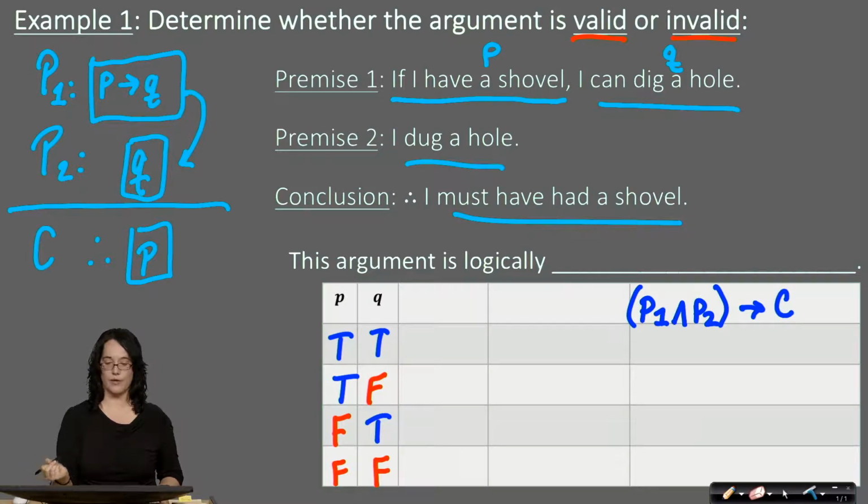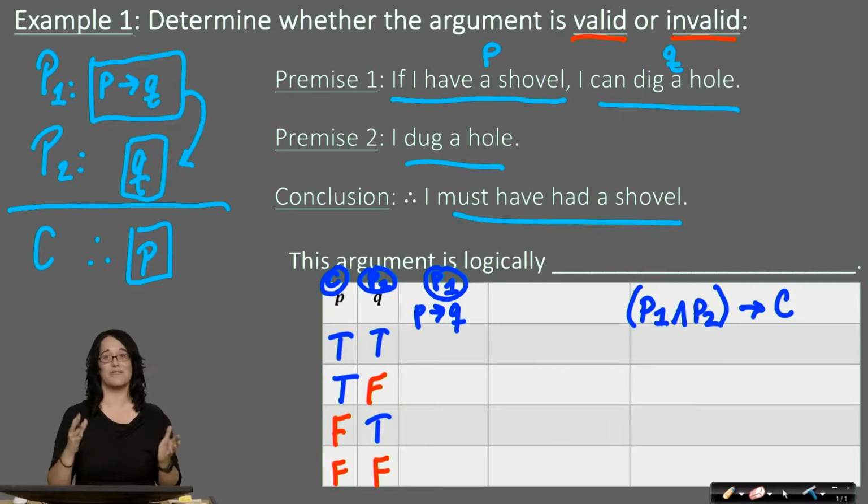What is premise 1? Premise 1 is P then Q. So P then Q, that would be what we call premise 1 here. Premise 2 is just the letter Q. So this is premise 2 here. And the conclusion is just the letter P. So that's our conclusion here.